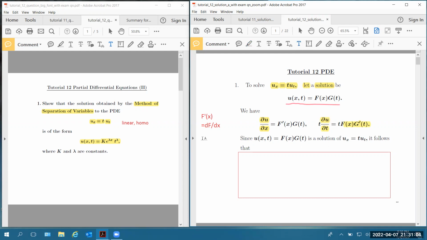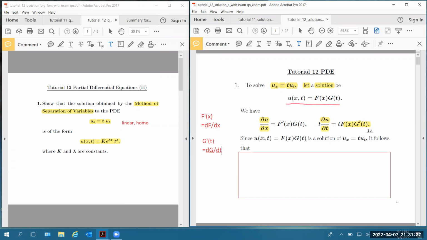Of course, what's the meaning of g prime(t) here? G prime(t) has the meaning of dg/dt. It's okay, class? So now you know how to get the del u del x and the del u del t.